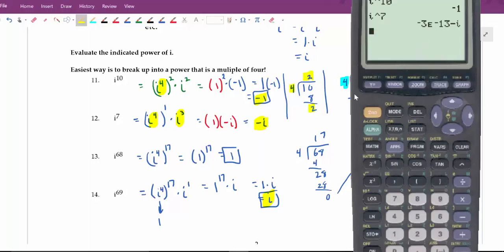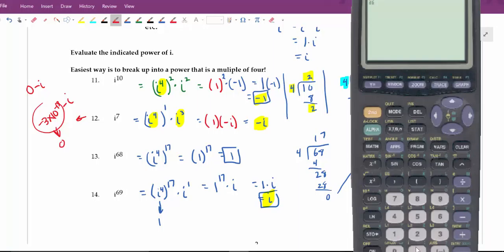The answer is -i, but notice how this thing right here is close to 0. So you'll get something like that. That's not the answer. That's just the way the calculator calculates this. So what it's really saying is -3 times 10 to the -13 minus i. And for all practical purposes, that's 0. So you get 0 minus i. So you'll see that sometimes on these calculators.